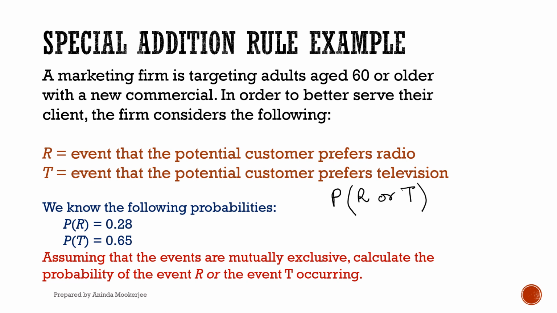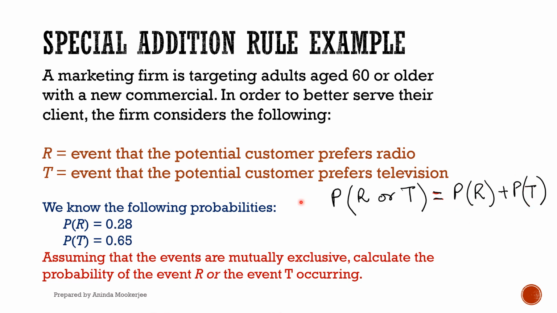We learned that, and that's why they say specifically, assuming the events are mutually exclusive, calculate the probability of the events R or T. So P of R or T, by the special addition rule, as long as the events are mutually exclusive, is equal to P of R plus P of T. So you have to take these individual probabilities given here and add them up.